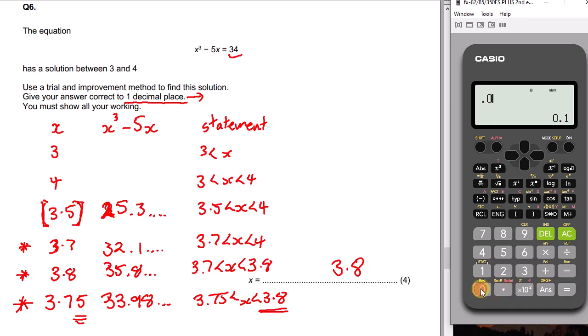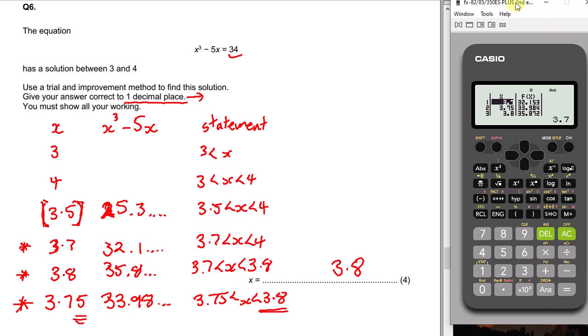Remember, the next decimal place, half the 5. When you look at those, you've got your three numbers. 34 is between 3.75 and 3.8, so your answer's between them. We only want the 1 decimal place version, so you either round the 3.75 up, or it's got rid of the bad one, so 3.8 anyway.